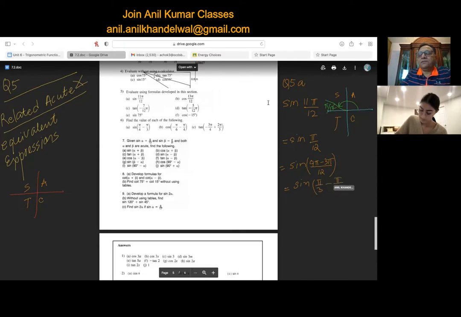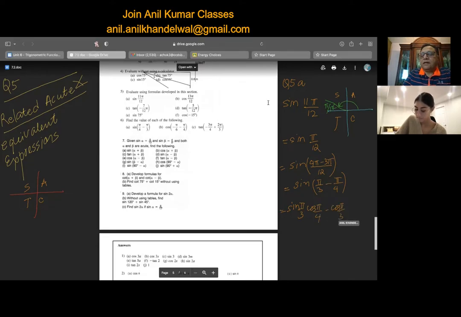So now you can apply the formula sine A minus B. So you have sine of pi by 3 cos pi by 4 minus cos of pi by 3 and sine of pi by 4. Now you have to use your special triangles. Always sketch your special triangles right in the beginning.